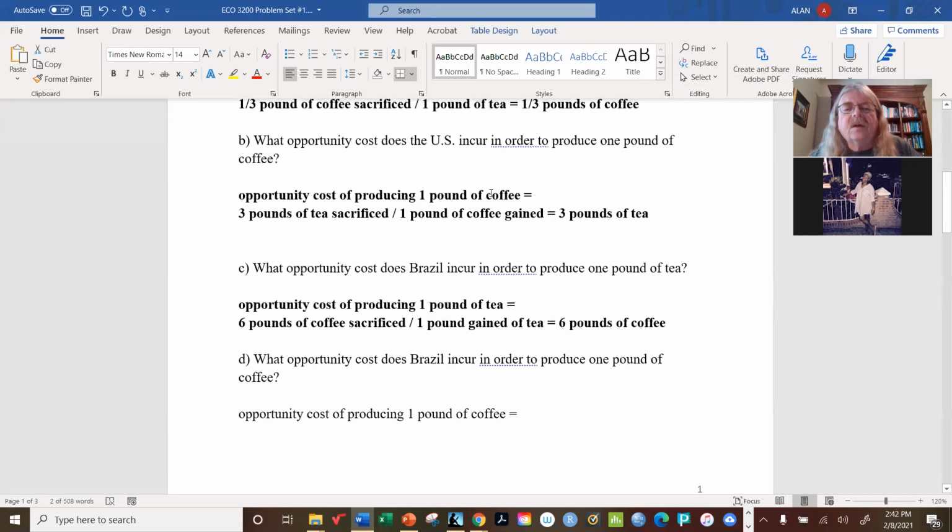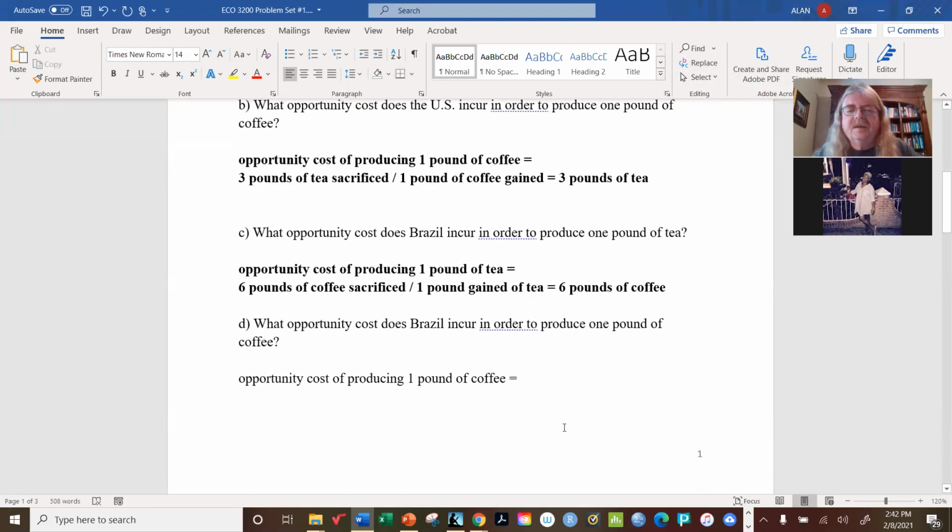So therefore, we have 1/6 pound of tea sacrificed over 1 pound of coffee gained. And that is 1/6, of course.